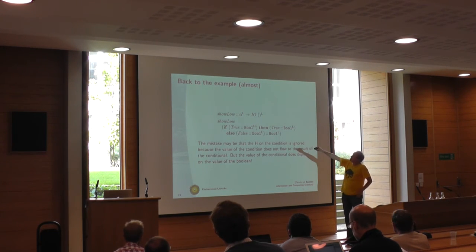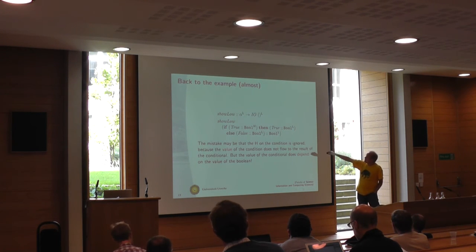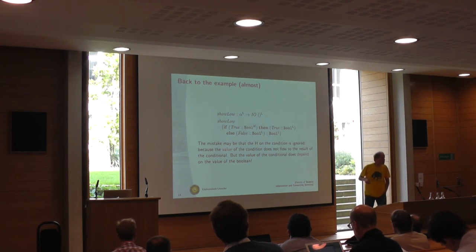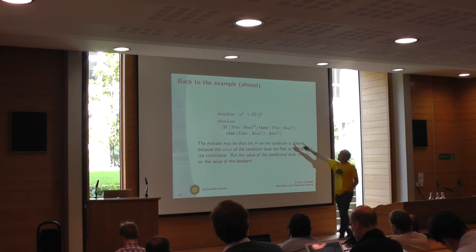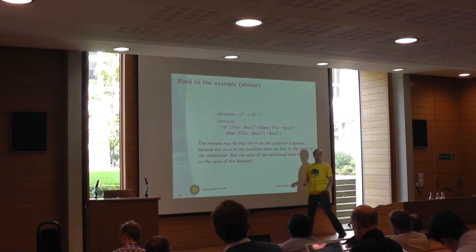He doesn't see the bool flowing to the result. Actually, it's not this bool that flows there. It's these bools that flow there. And then you might forget that knowing the result of this conditional, you can actually find out information about what the value of this conditional is. If you get true out, you know that this boolean was actually true. Otherwise, you would have never gotten that out.